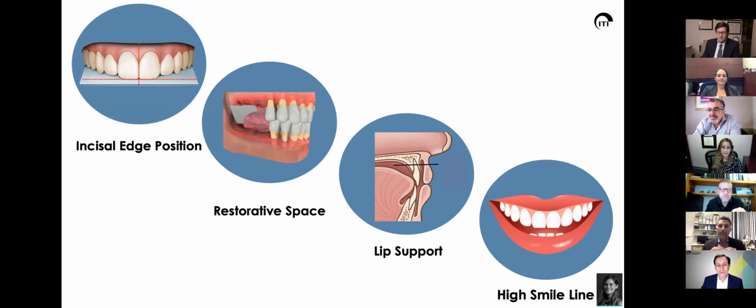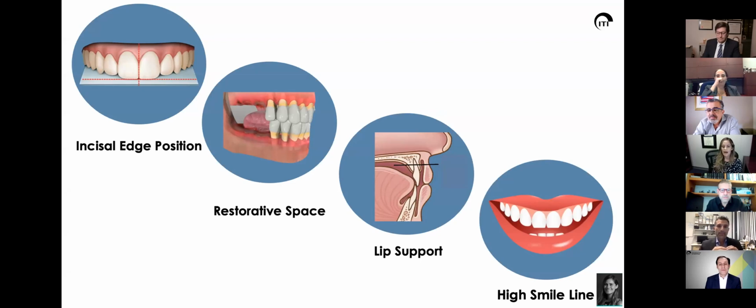Vertical restorative space must be a prosthetic requirement, but also, unfortunately, most of the time it's also a surgical commitment. It is very important that the clinician understands the different dimensions involved with different materials and prosthesis designs. Then we have lip support, which actually influences if we can afford a fixed prosthesis.